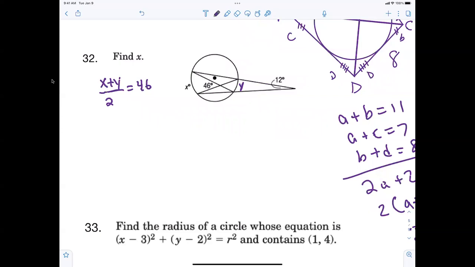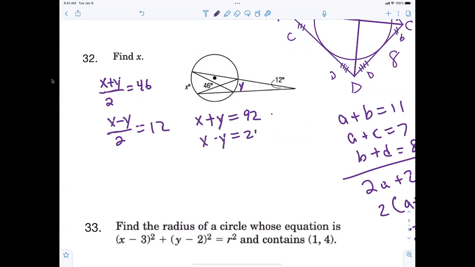Everybody see that? And then we would say x minus y divided by 2 has to equal 12. So multiply both sides by 2, you would get x plus y equals 92, and x minus y equals 24.